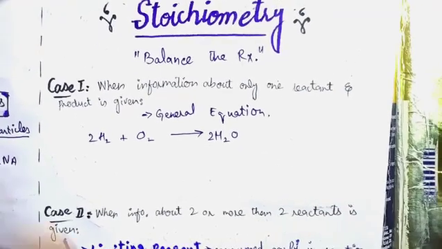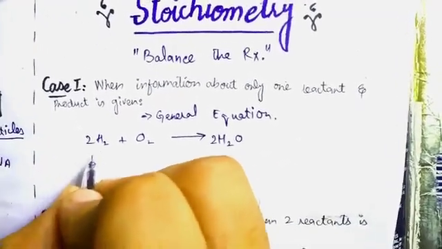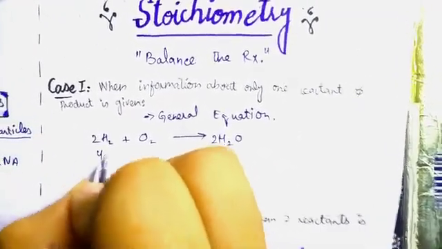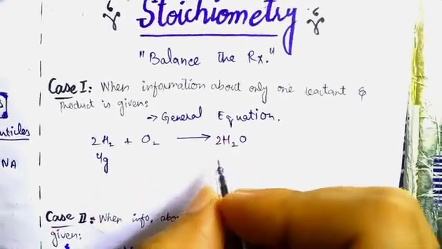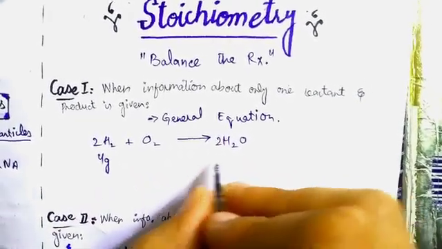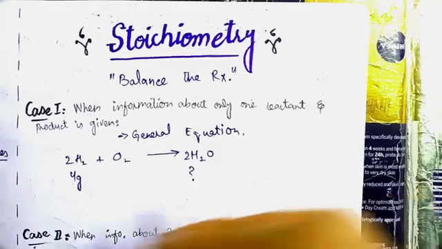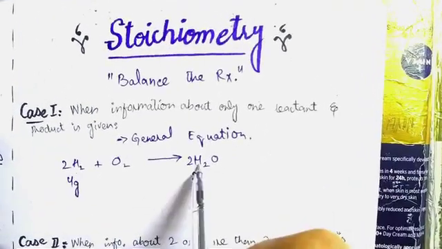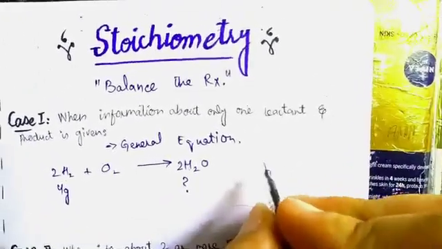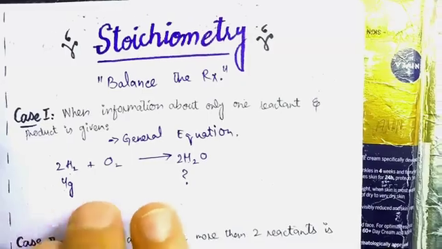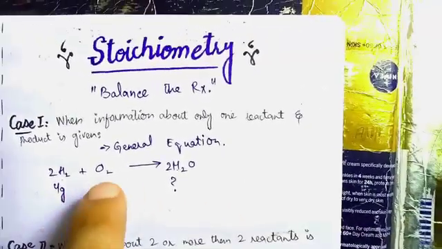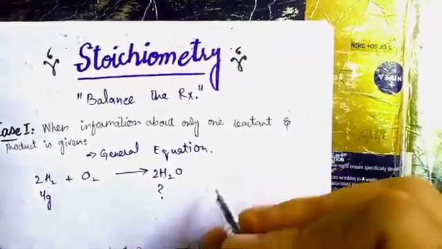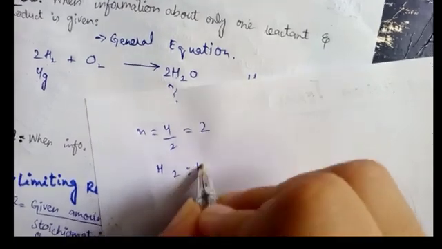In this, if the mass of hydrogen is given, for example 4 grams, we will find the mass of water by comparing the H2 and water. First of all, we balance the equation. Firstly, we calculate the moles of hydrogen. N equals 4 by 2, that is 2, and then we compare hydrogen with H2O.